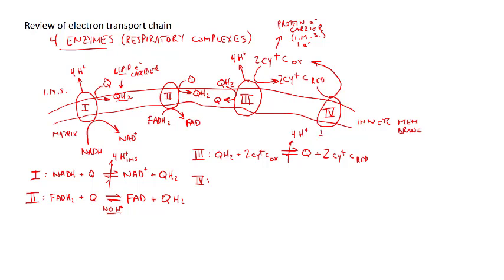What it does with the electrons is drop them off onto oxygen, forming water. So the reaction for complex 4 would be 2 cytochrome C reduced plus 1/2 O2 react to give us 2 cytochrome C oxidized plus H2O.